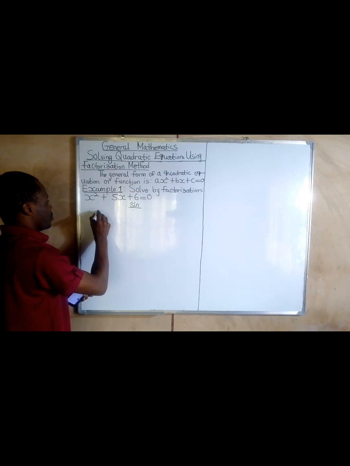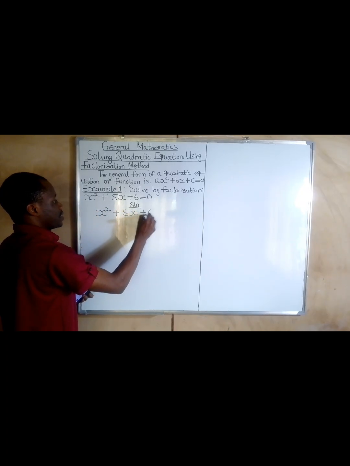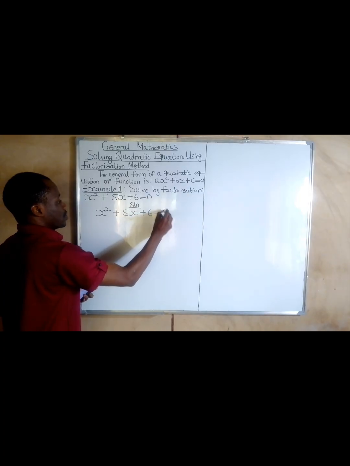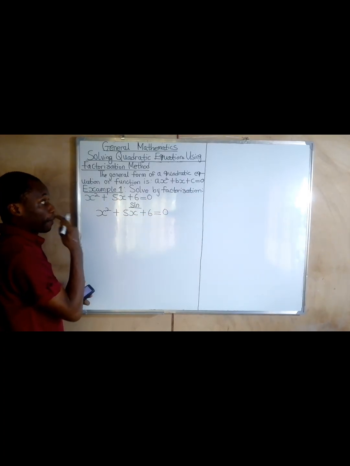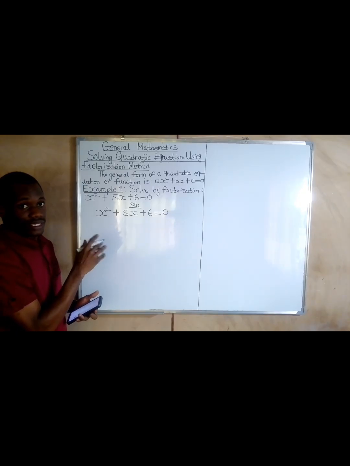So first thing, repeat the question. x squared plus 5x plus 6 is equal to 0. Now, in this form, the a itself is a unity.